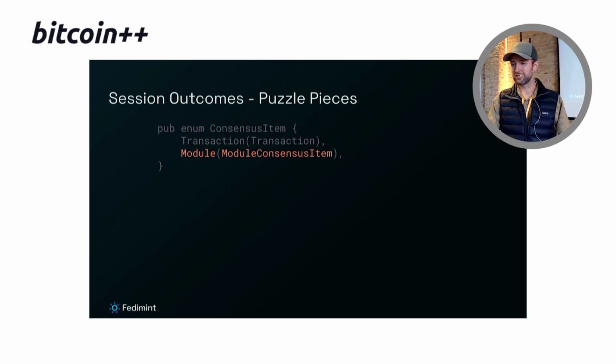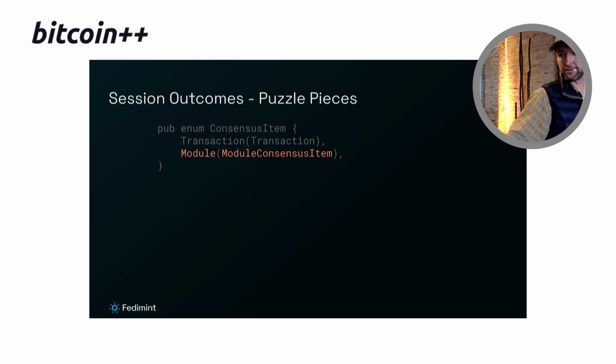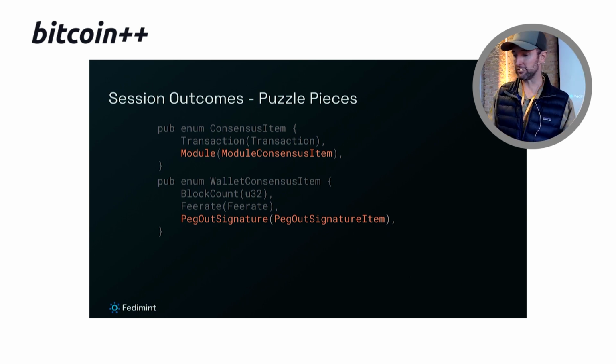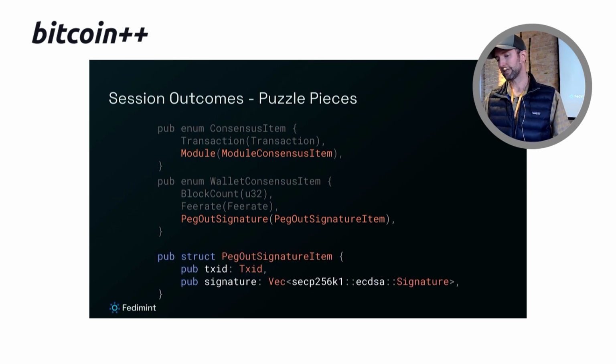Awesome. So instead of taking a look at the transaction variant of the consensus item enum, let's have a look at the module variant, and specifically the wallet consensus items. We have a couple other things that aren't important here, but we want to narrow our focus in on the payout signatures. And the payout signature has this TXID.